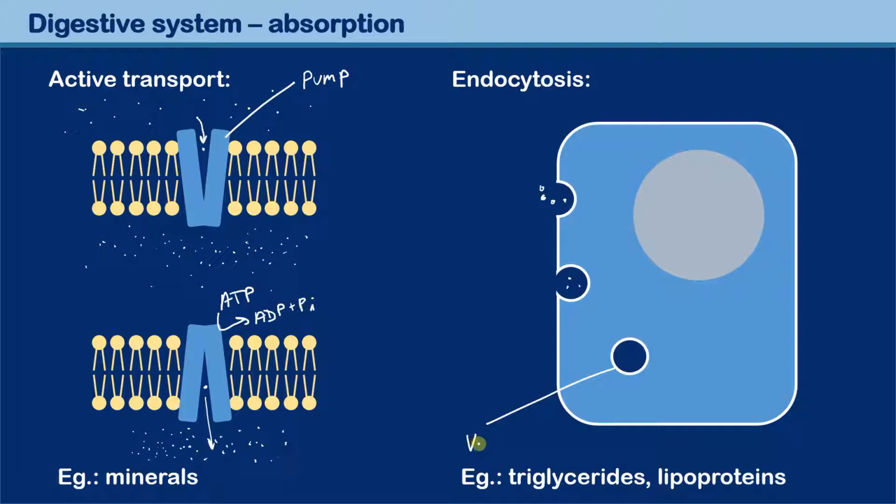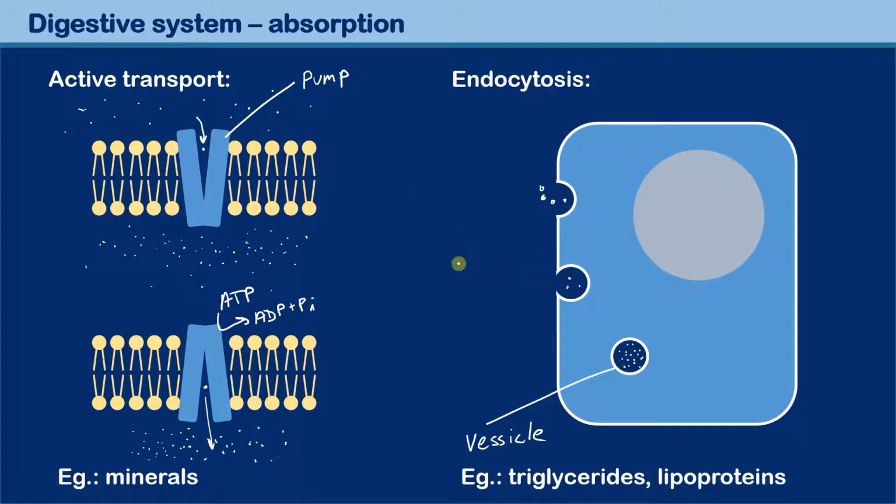vesicle. And this vesicle contains now these small food molecules, because they cannot be taken up directly across the membrane.